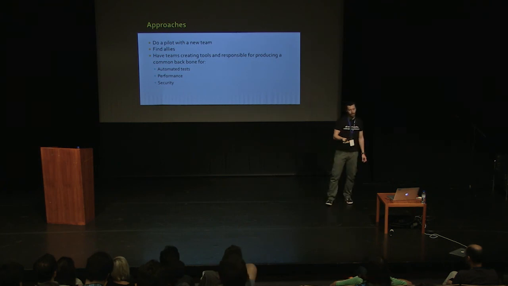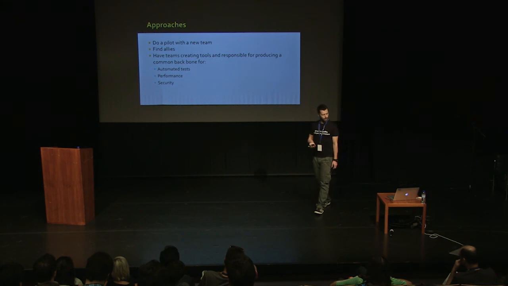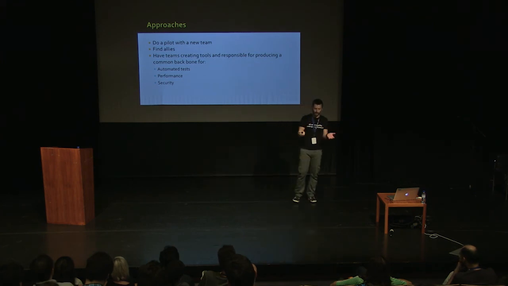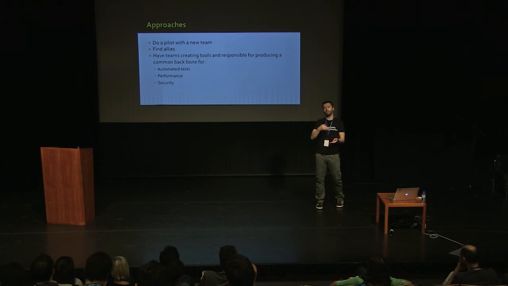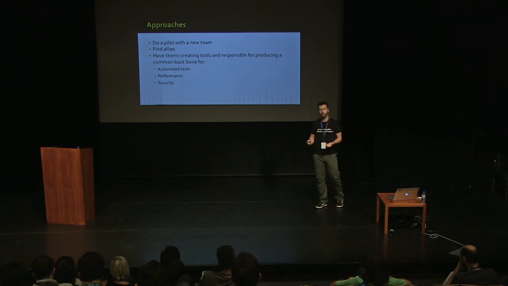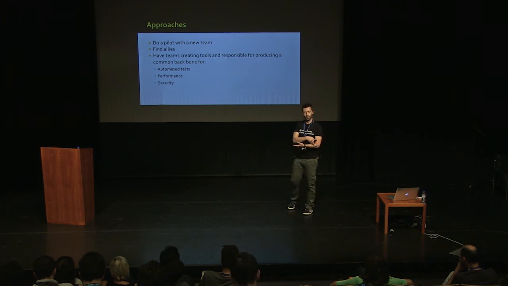We created 3 teams, automation, performance and security, that are not responsible for each of those matters, but are responsible for creating the backbone for all the teams. So all the teams create the tests the same way, but the tests that they want, with support of the tools that we produce on these teams.